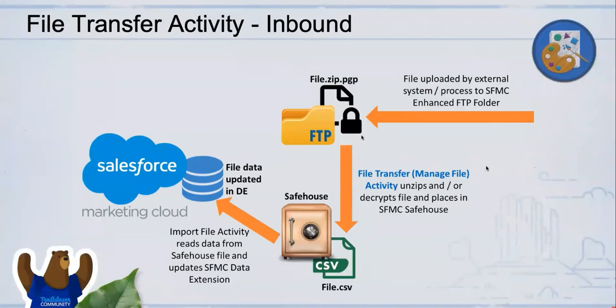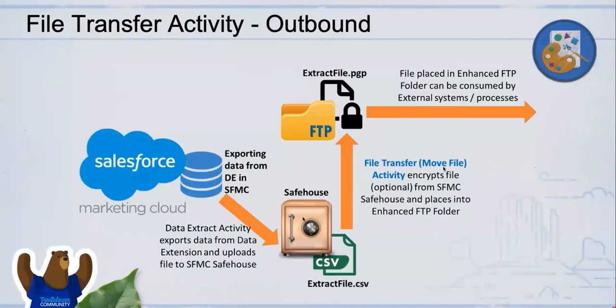Then step one is, as soon as that file is uploaded to FTP, to import that into Marketing Cloud, it has to go via two steps. The first step is using a file transfer activity. And under file transfer, you use the manage file option. I'll show you in the interface that under file transfer activity, you have two options, manage file or move file.